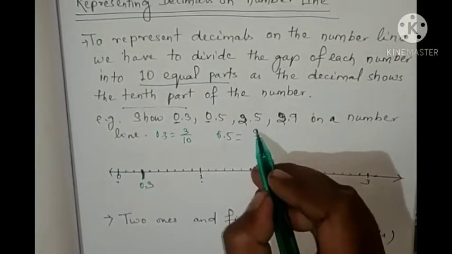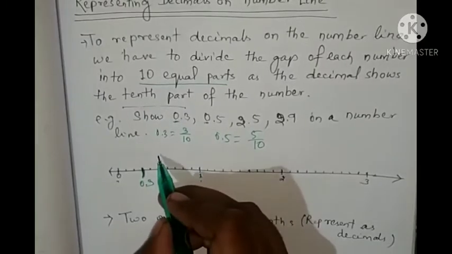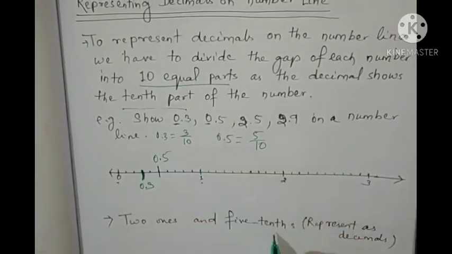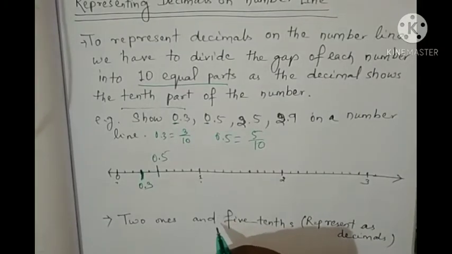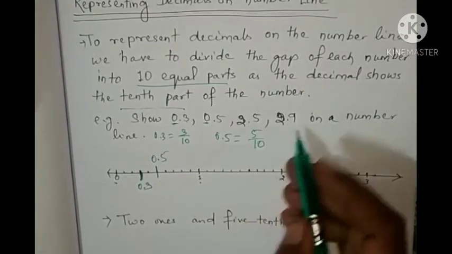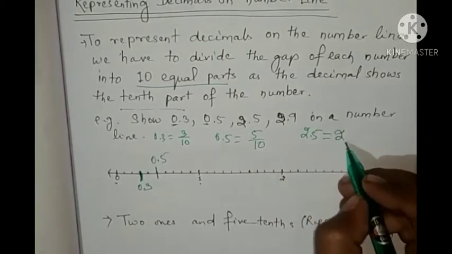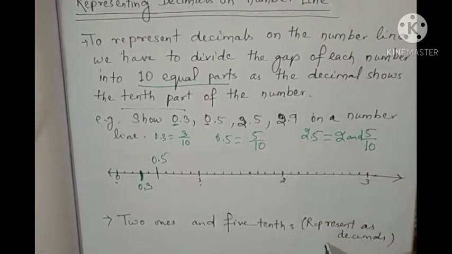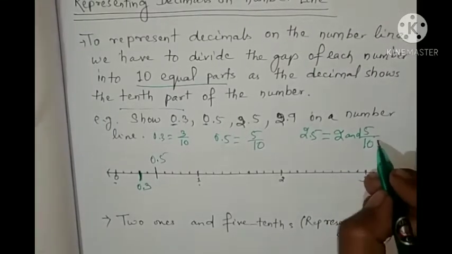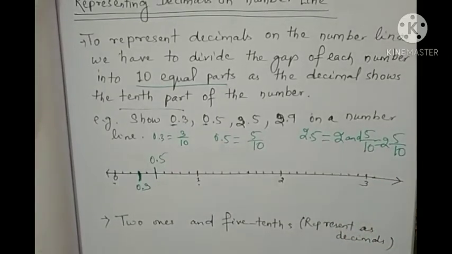Next you see 0.5. 0.5 means 5 by 10. So 3, 4, 5. This is 0.5, which means 5 by 10. Next you see 2.5. 2.5 means 2 and 5 by 10.